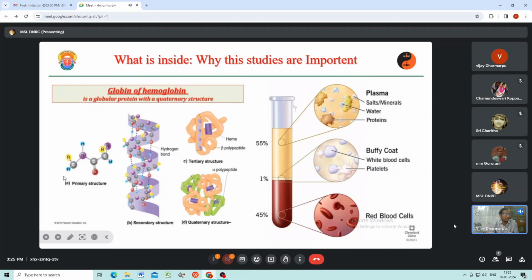That hemoglobin has a structure: I take the primary structure, secondary structure, third, and quaternary, meaning fourth structure. This is the internal structure of a human hemoglobin cell, not a red blood cell. For this, we need to study the structure of a red blood cell. We need to study hemoglobin.